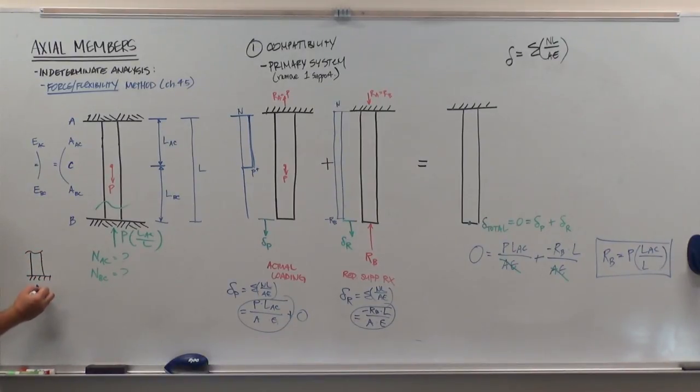I know that my support reaction is P times L sub AC divided by L, and I know that my internal normal force BC acting on the section cut is pointed away from the section cut as my assumed direction. And so now when I sum the forces vertically, I get that N sub BC is going to have to be equal to minus P times L sub AC divided by L. So we get to the correct answer in a very different way.